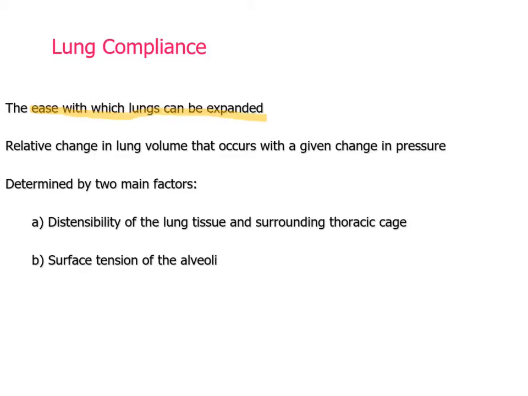So it's essentially the inverse of elastic recoil: ease of expansion as opposed to collapsing force. The relative change in lung volume that will occur with a given change in pressure is the compliance. The key factors that determine compliance are the distensibility of the lung tissue and the surrounding thoracic cage, and the surface tension in the alveolus and the alveoli themselves.